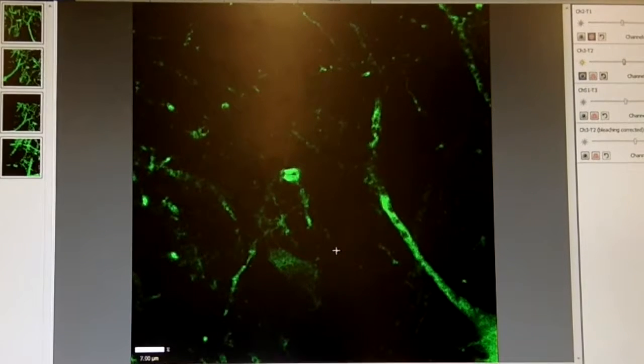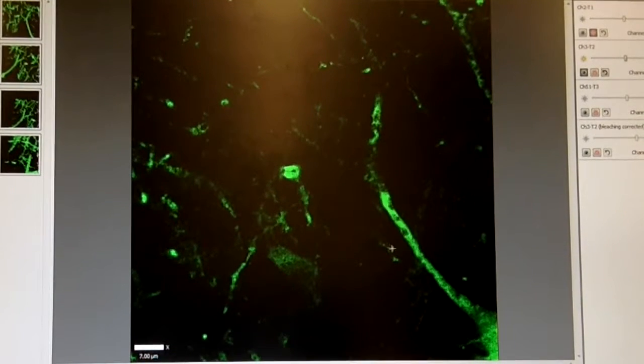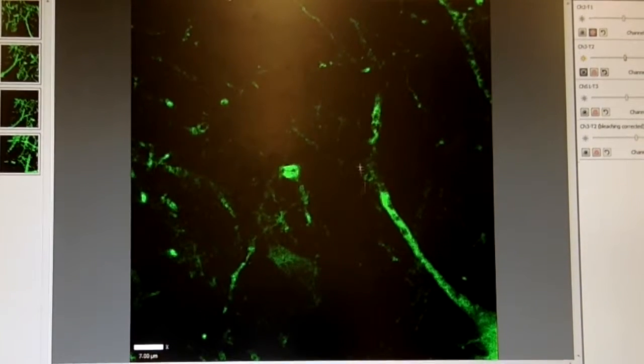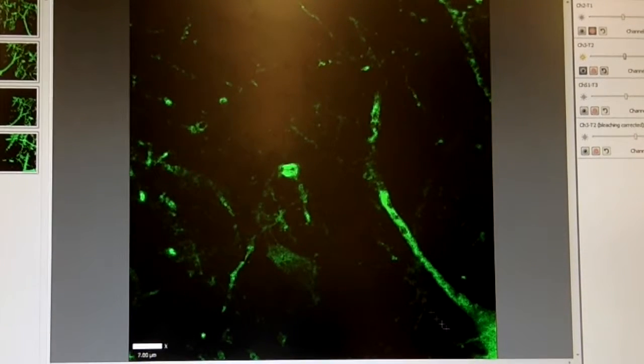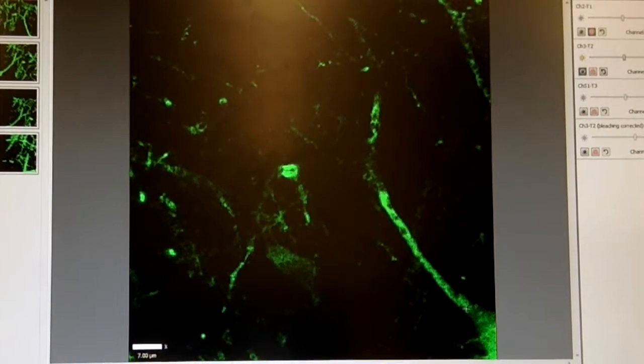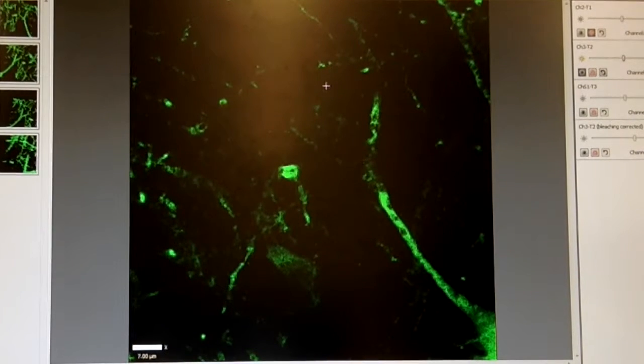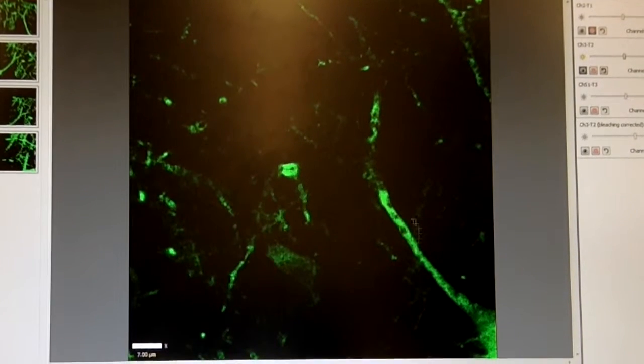So here's an example of one of my experiments in which my protein of interest is labeled by a green protein, which fluoresces green. Here is the neuron that it labels, and these are the other processes of a dendrite. So now wherever there is green, the protein of interest is present.